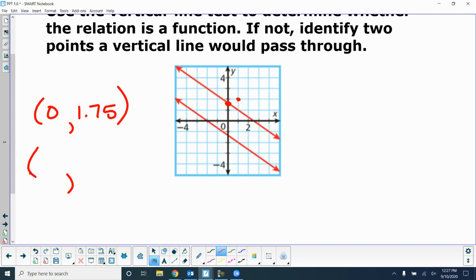Oh, for the other one? Yes. Oh, okay. 0, -2. Good. Those are 2 points that vertical line passed through. You guys understand what I was asking? Yep. Okay.